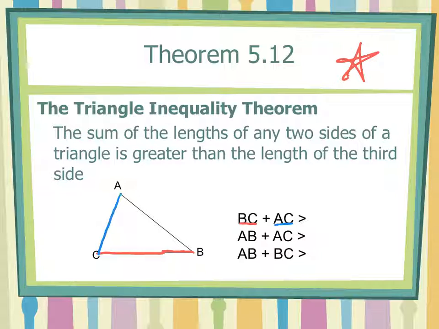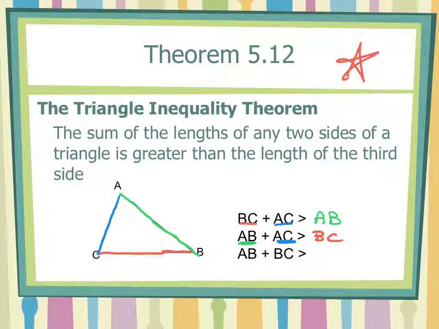AB, the other side. And if I were to take AB and add it to AC, they would have to be greater than what? BC, the other side. Every combination has to work every single time.